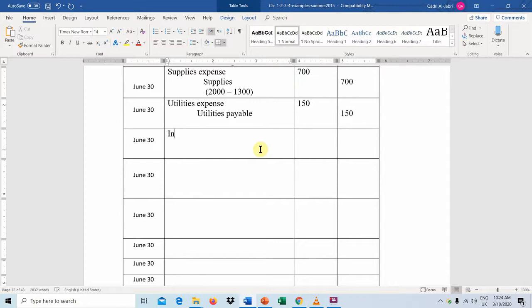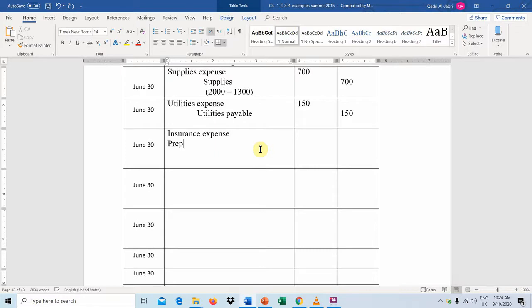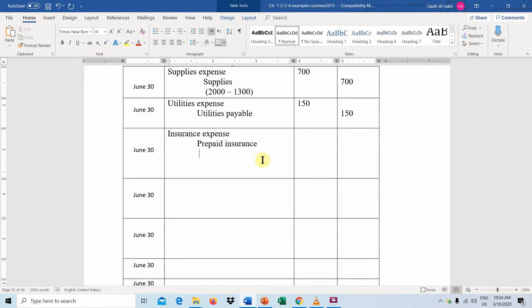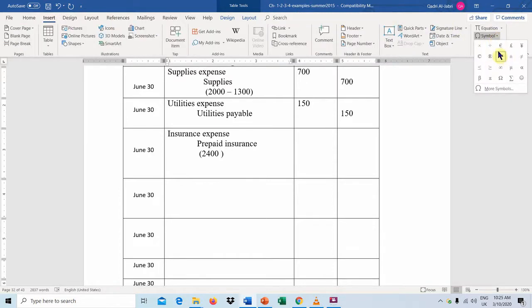So I will debit insurance expense, and I will credit prepaid insurance by, simply, 2,400 divided by 12, to get the monthly insurance.